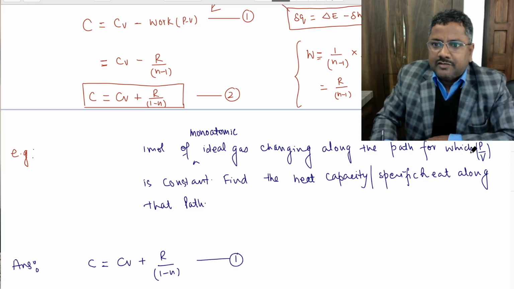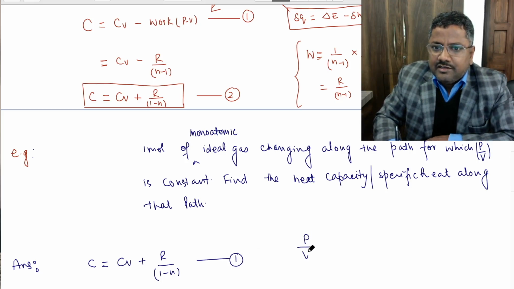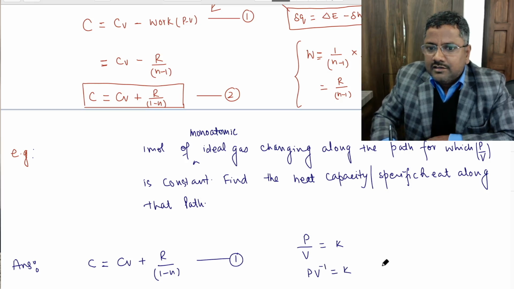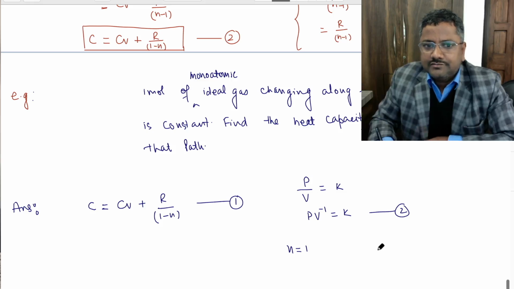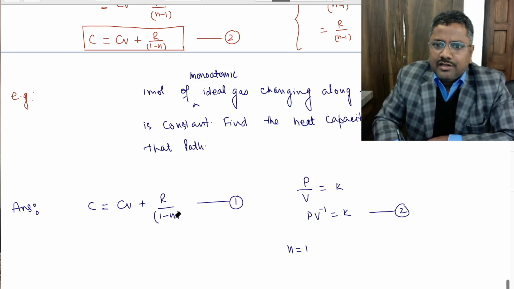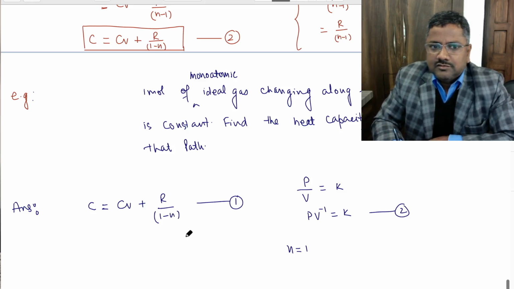And the path is given P by V is equal to constant K. So we can write PV to the power minus 1 is equal to K. So n is equal to minus 1, right? Put here n is equal to minus 1.